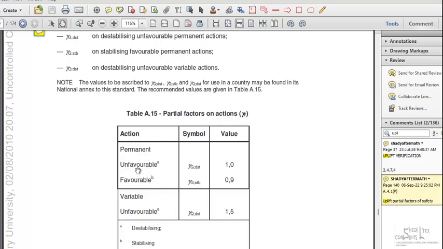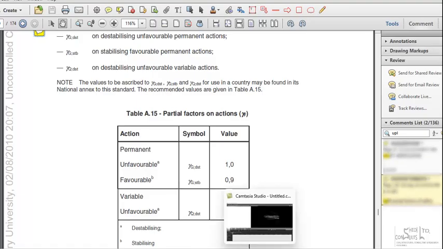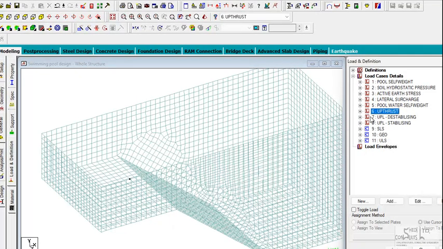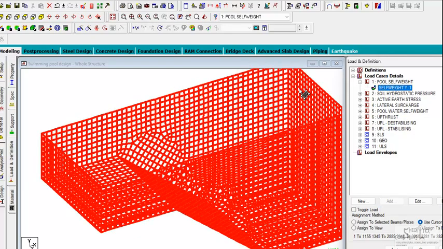For unfavorable permanent action, the partial factor of safety is 1.0. So we did apply 1.0 as the partial factor of safety for the destabilizing force. Then the load case for the stabilizing force, in this case, is the self weight of the swimming pool itself.